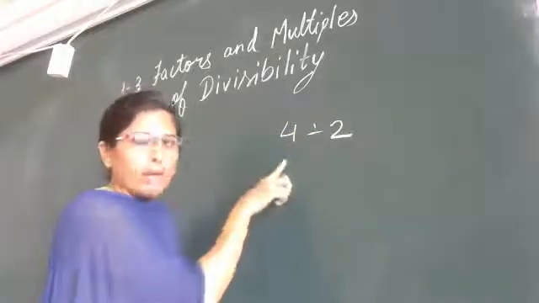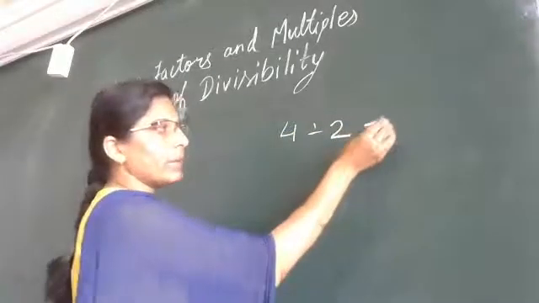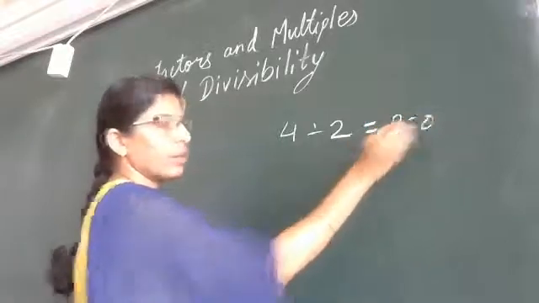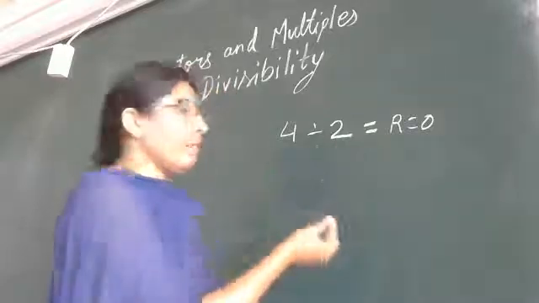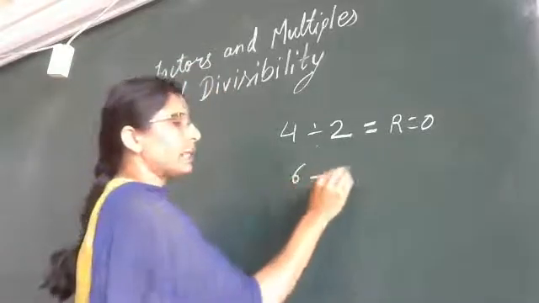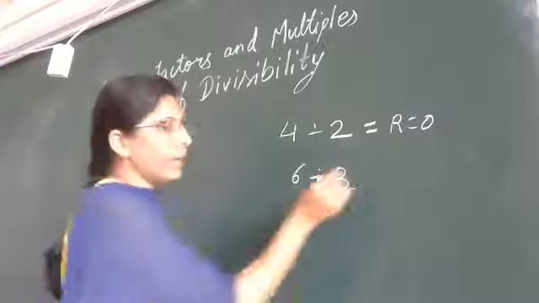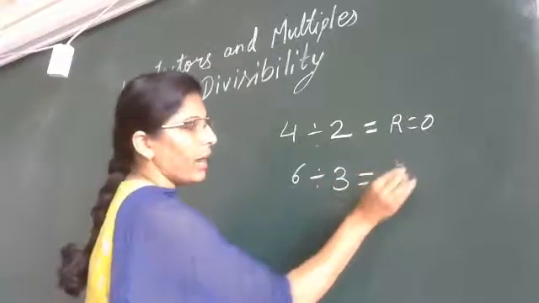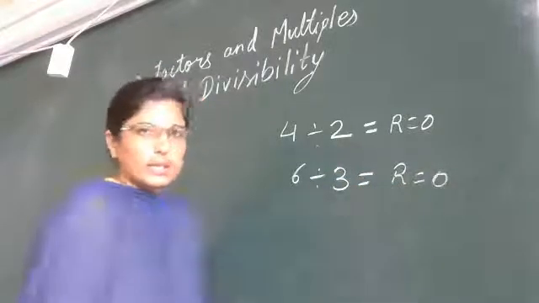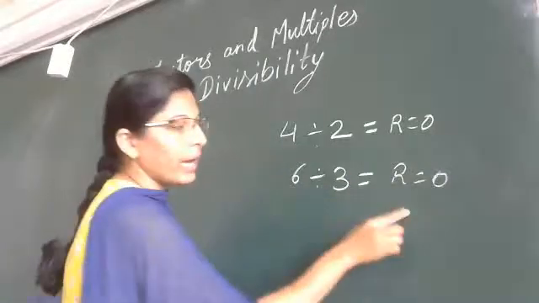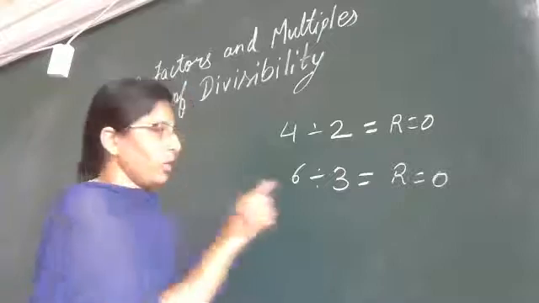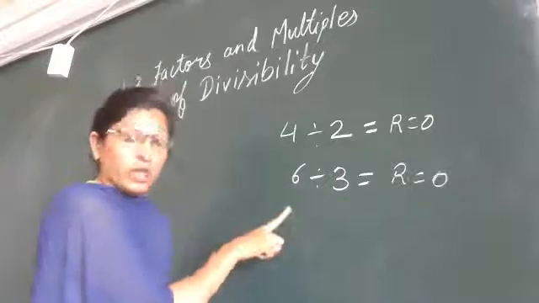We know that when you divide 4 by 2, you will get the remainder as 0. Now, when you divide 6 by 3, you know that you are going to get the remainder as 0. We know for smaller numbers.